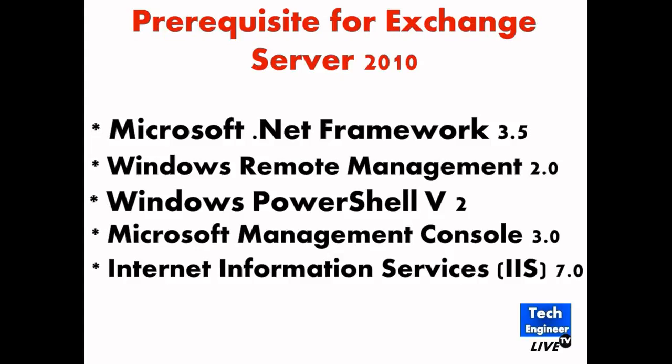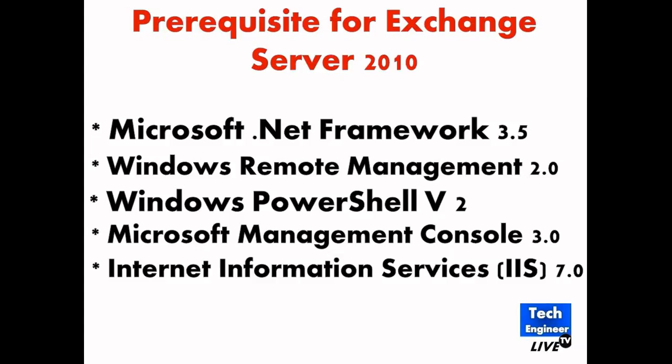All these 5 should be installed before we actually install Exchange Server 2010. So it's Microsoft .NET Framework 3.5, Windows Remote Management 2.0, PowerShell version 2, MMC 3.0, and IIS 7.0.